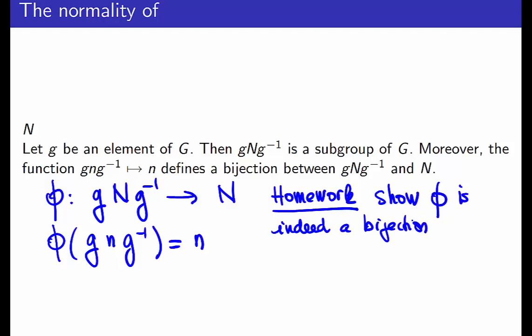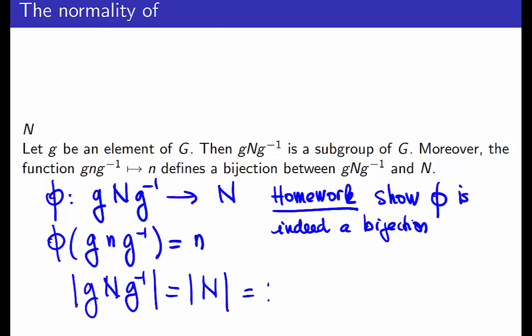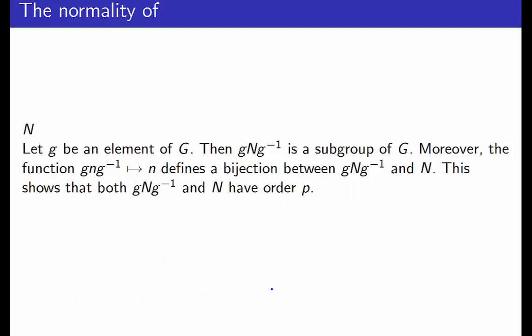That will imply then, because it's a bijection, that the order of g N g inverse is equal to the order of N, which is p. Can you see what is happening already? They have the same order, but we have already seen that there's only one subgroup of order p.